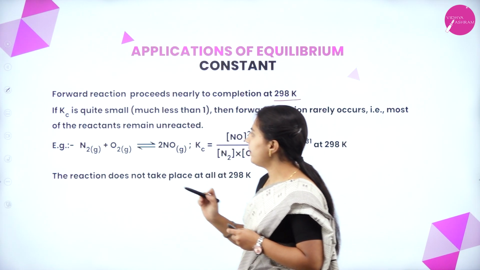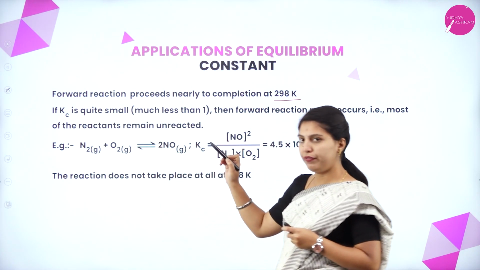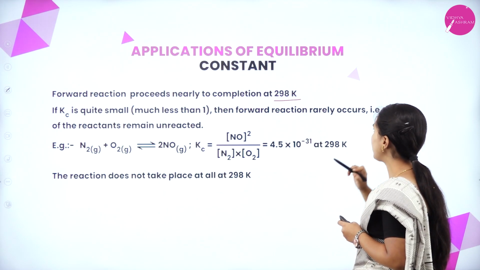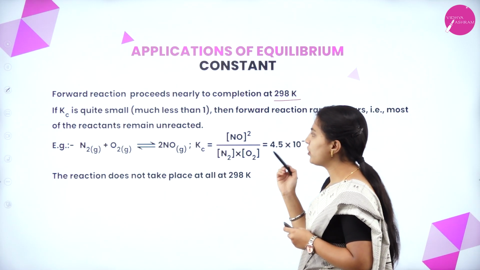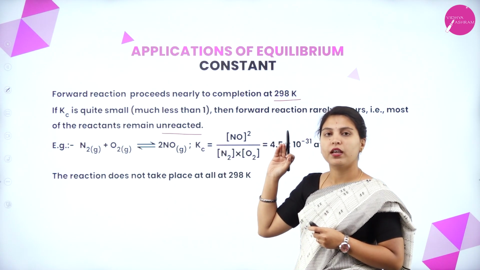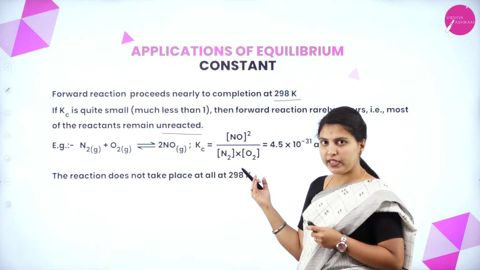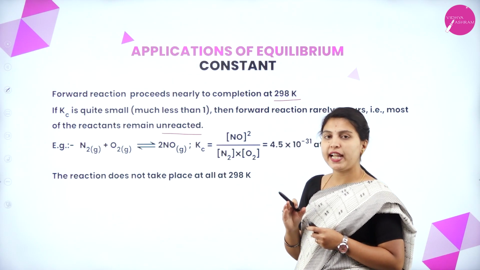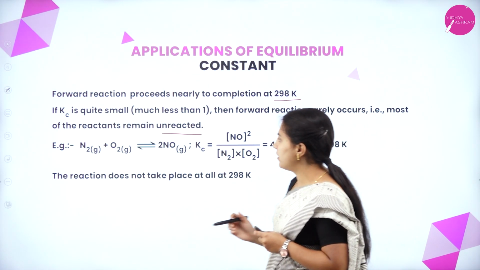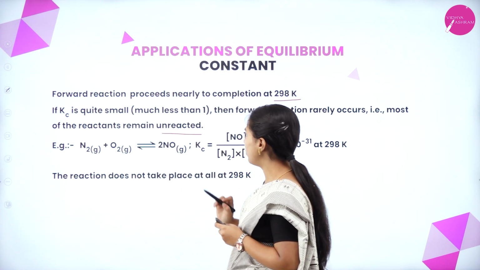And if Kc is quite small, less than 1, then the forward reaction rarely occurs. Most of the reactants remain unreacted. The forward reaction may proceed, but some of the reactants will not react; they will remain as such. See here, nitrogen and oxygen form nitrogen oxide.